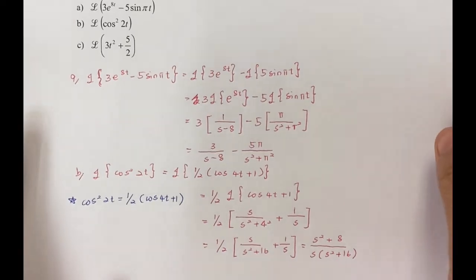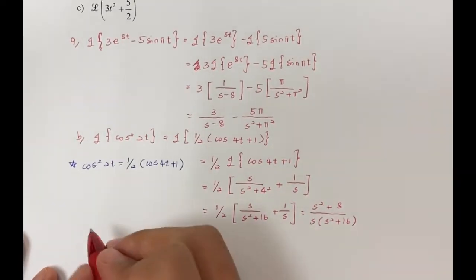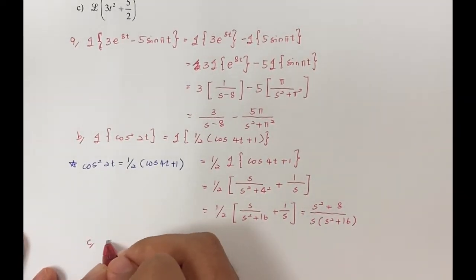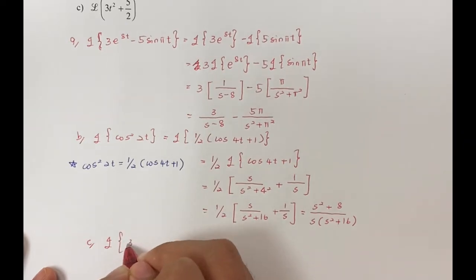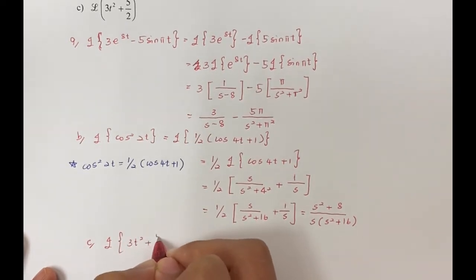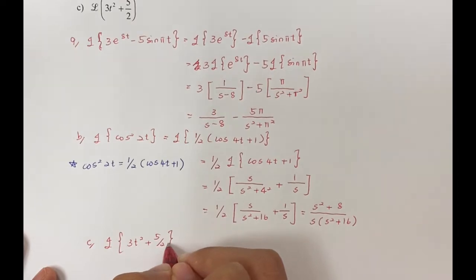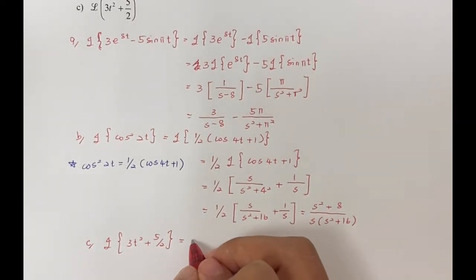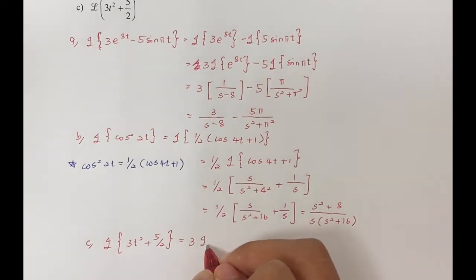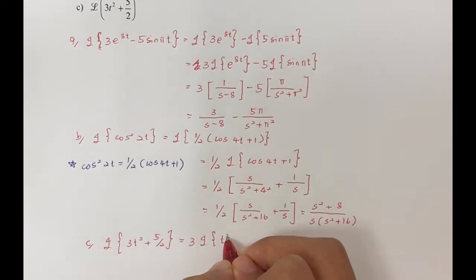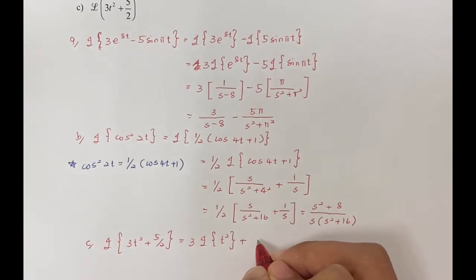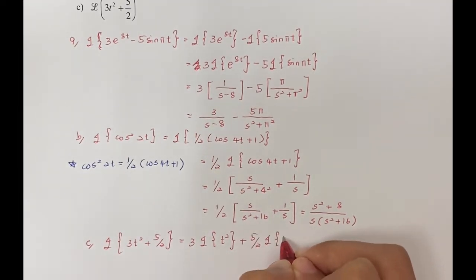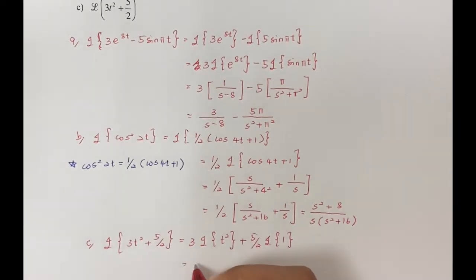Simplify this, you have s square plus 8 over s multiplied by s square plus 16. And last, for C, need to find what is Laplace transform for 3t square plus 5 over 2. Okay, for this one, 3 Laplace transform for t square plus 5 over 2 Laplace transform of 1 or constant.